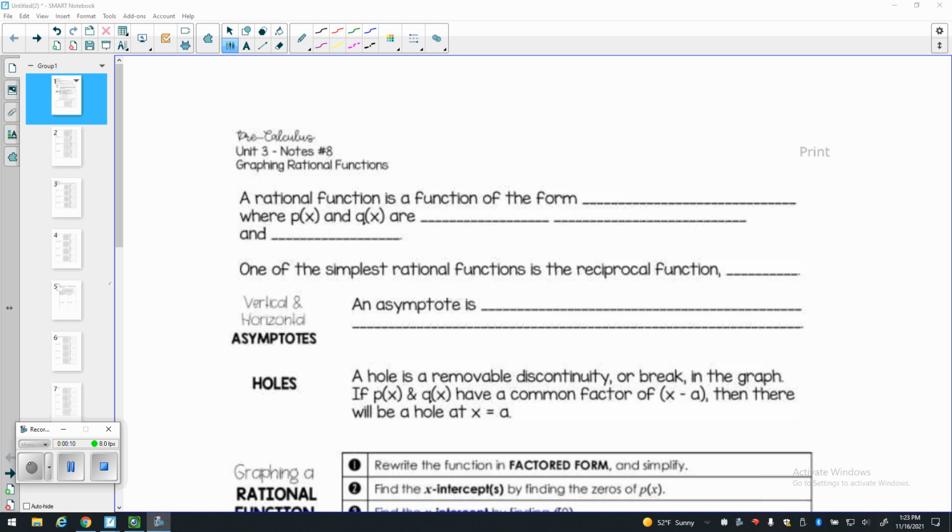Okay, here we go. Rational functions are of the form f of x equals p of x over q of x. And the big thing with rationals is you're dividing two polynomial functions.